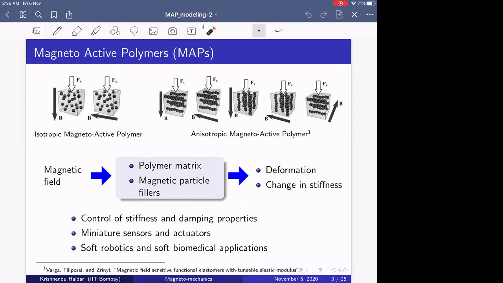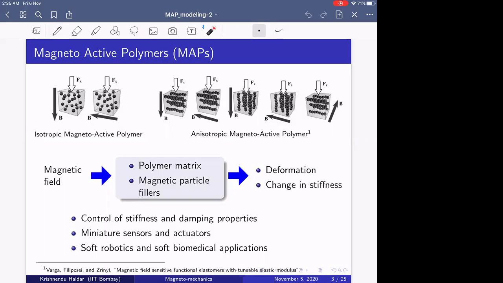A few applications of such a material system: obviously, you can control the stiffness as well as the damping property. The stiffness is controlled, as you can imagine, because when you are applying a magnetic field, the interaction between fillers, the interfiller attraction, becomes very strong, and that's why the overall response becomes very stiff.